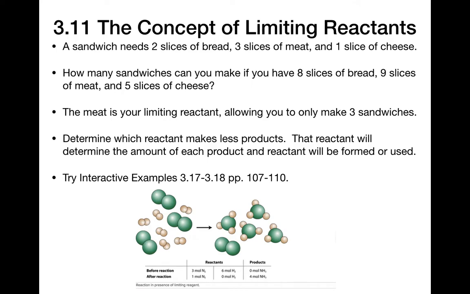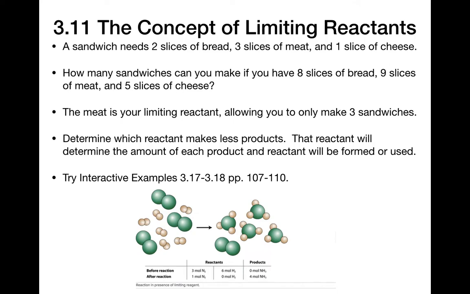The next hardest kind of problem to deal with in stoichiometry is the concept of limiting reactants. If we take a food example, a sandwich needs 2 slices of bread and 3 slices of meat and 1 slice of cheese, and you happen to have in your possession 8 slices of bread, 9 slices of meat, and 5 slices of cheese, then obviously you're going to run out of meat first.